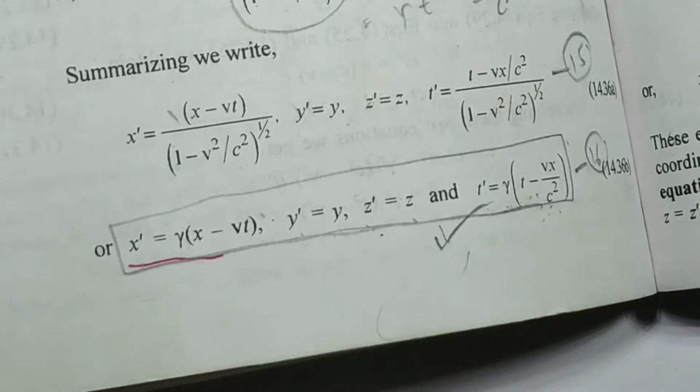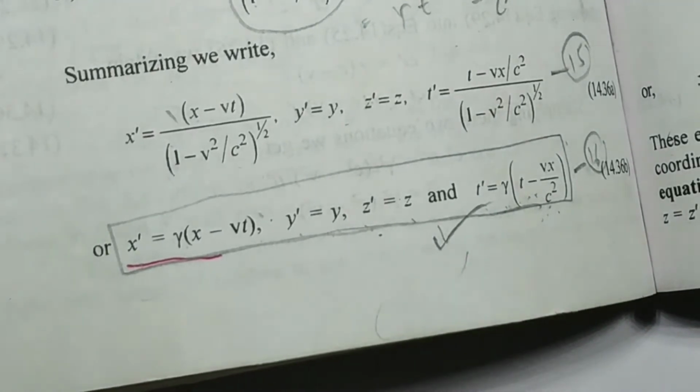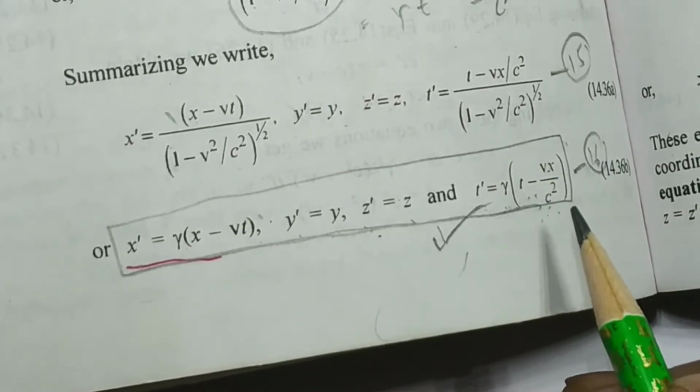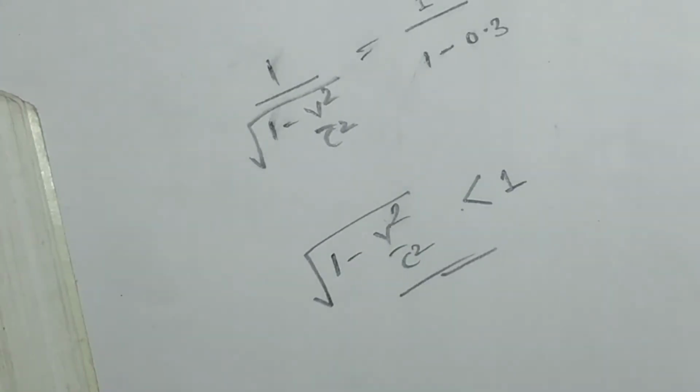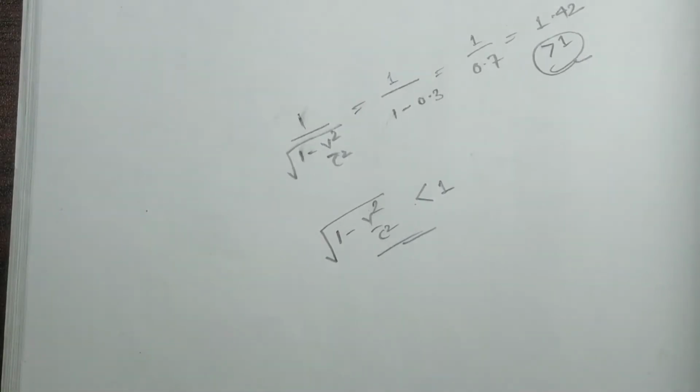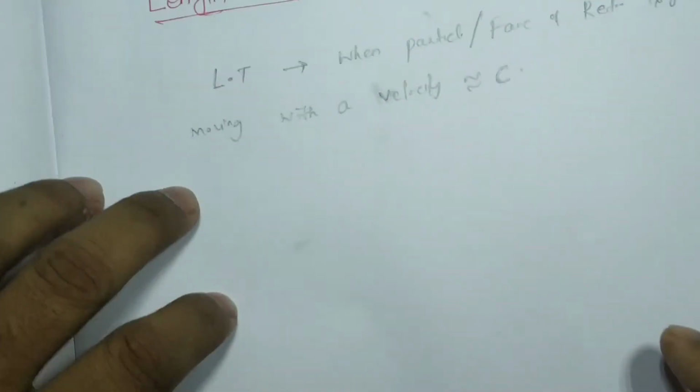Here one thing I am going to tell you: gamma is always greater than 1. How? I am going to show you a simple example. Suppose the velocity is approximately the velocity of c.